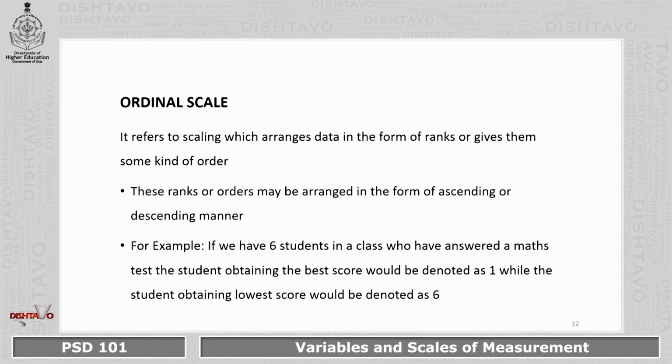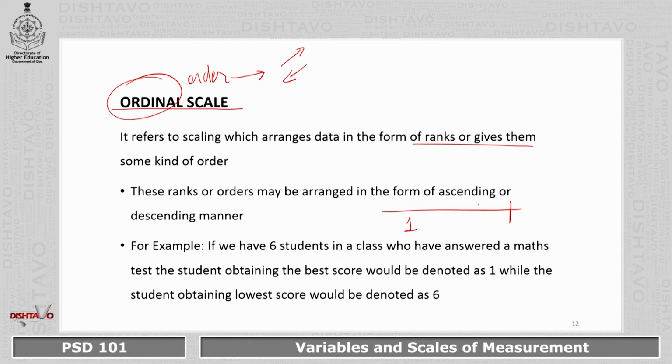Going to the next scale, we have what is called the ordinal scale. The word itself tells you what it means. There is an order to the scale. This order can be ascending, that is going upwards, or it can be descending. So it refers to those types of scaling where some kind of rank is given. For example, if we have 6 students in a class and all 6 have answered a maths test, the person who answered the best, I can give the first rank.